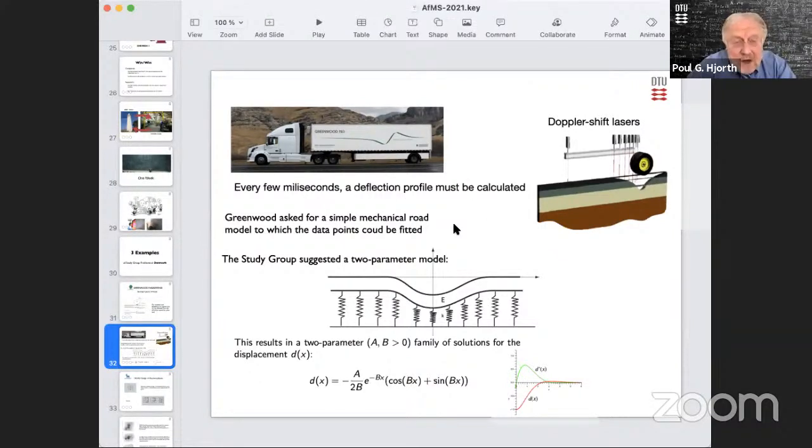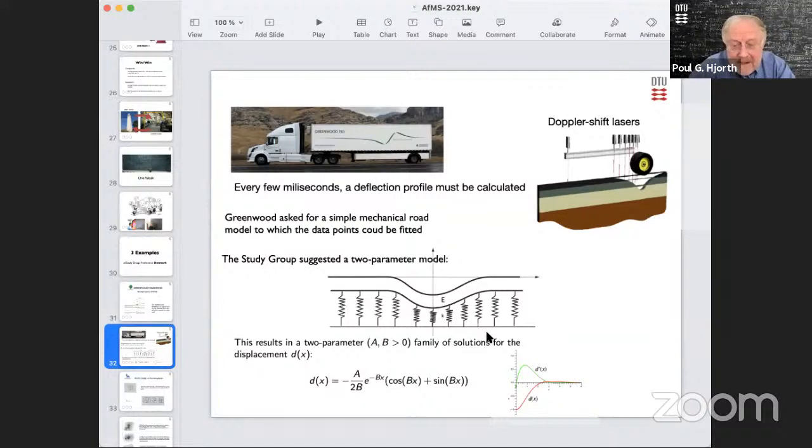But what they needed from us was a small, a low parameter model for the road, which they could compare their data to. So they had more data than they had useful modeling. So they needed some simplistic modeling from our part. And this we were able to give them.